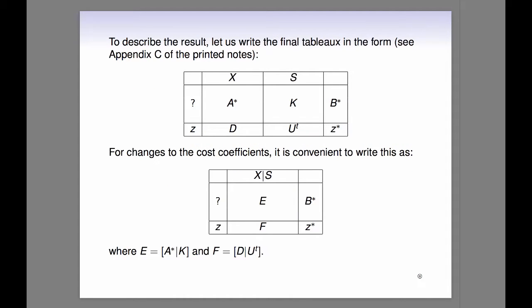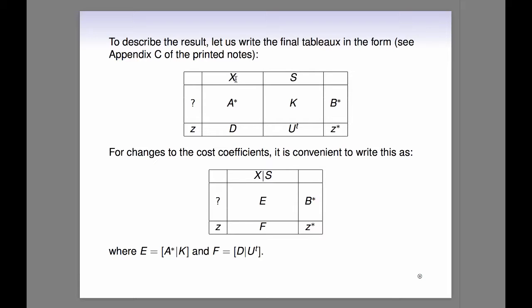In order to present theorem 6.1, I just need some notation, and there's 2 forms of notation that we'll need, one for the cost coefficients and one for the resource values. And they both concern the final tableau that we obtain when we do a linear programming problem. So the final tableau is written in 2 ways in the printed notes.